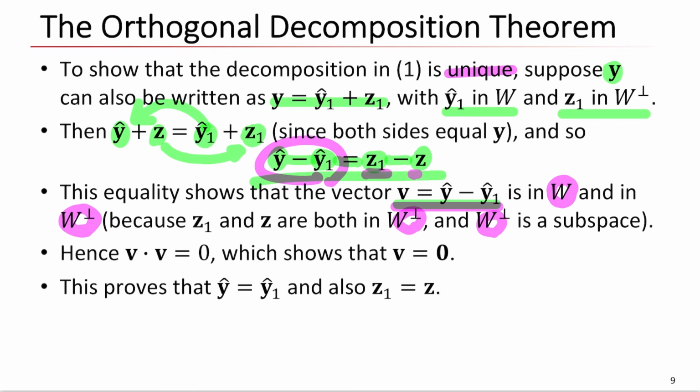So y hat minus y1 hat is in W and W perpendicular space, right? So which vector V satisfies this?